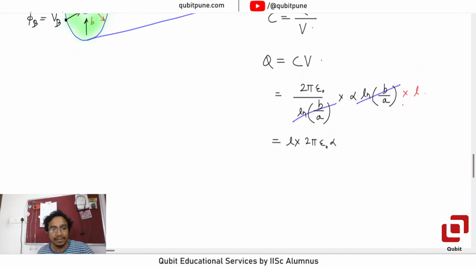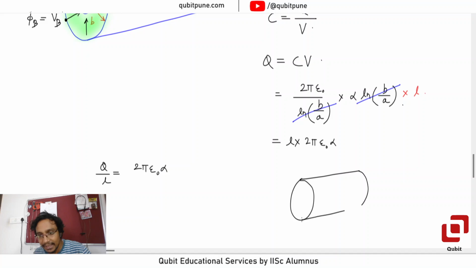Now look here how we can take that part into consideration. Charge per unit length is known to us. Okay, this is charge per unit length, but how much volume is that particular cylinder occupying? If we have a cylinder whose length is L, let's say outer cylinder, so radius is b, length is L, how much volume is it occupying?